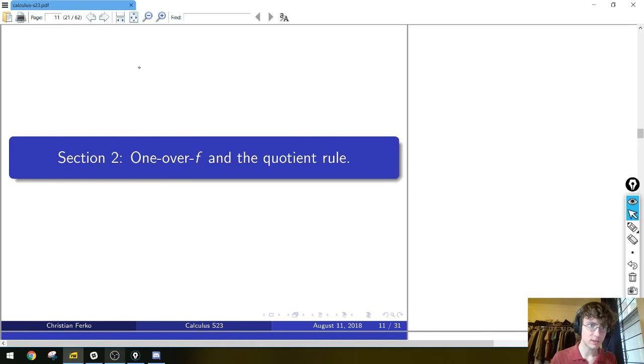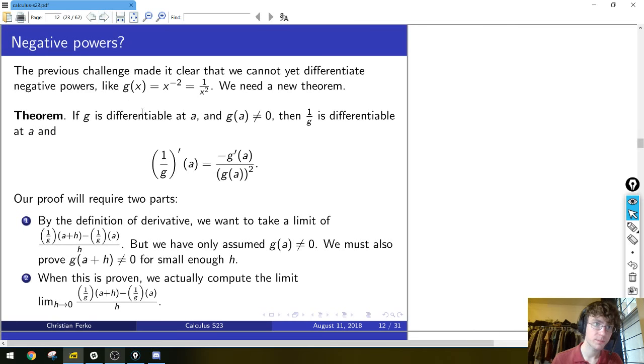So let's move on to, there's no name for this rule, I just call it 1 over f, because we're using it as a lemma, an intermediate result to get to the quotient rule, which is more important. So, to emphasize the takeaway from that previous example: we know how to differentiate x raised to a positive integer, but we don't know what to do when x is raised to a negative power, like x to the minus 2, which is the same as 1 over x squared.